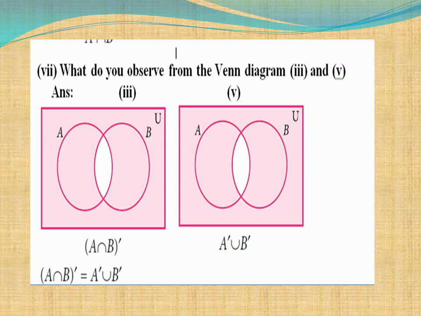What do you observe from Venn diagrams 3rd and 5th? See, the third diagram is (A intersection B) dash, and the fifth diagram is A dash union B dash. If you compare these two diagrams, both are the same. So (A intersection B) dash equals A dash union B dash. The previous examples and exercise sums I also gave to you. Both are equal.